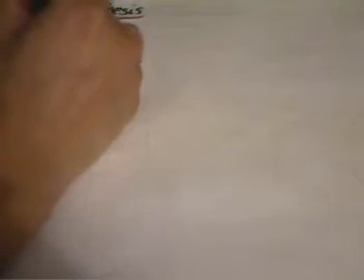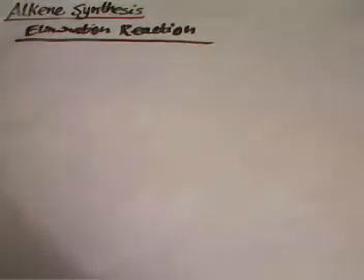So we start off by reviewing elimination, which is a class of reactions that we learned about in the previous chapter. One of the ways in which a double bond is made is through an elimination reaction.